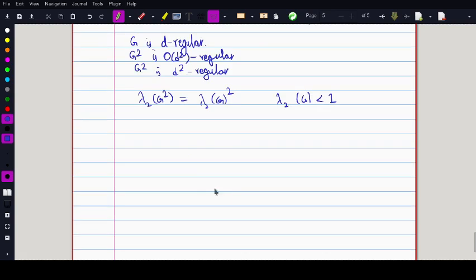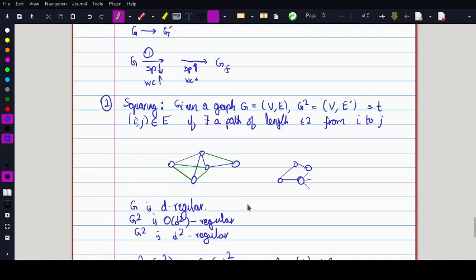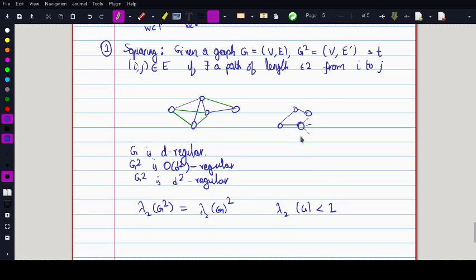So basically the sparseness decreases, but the well-connectedness increases by a good margin. That's how squaring works.